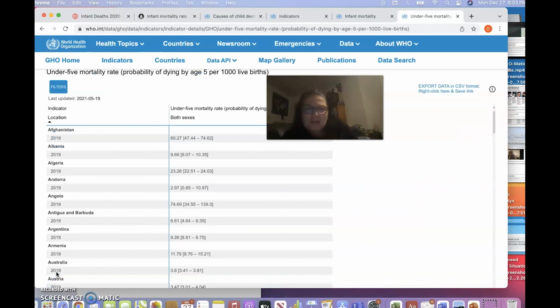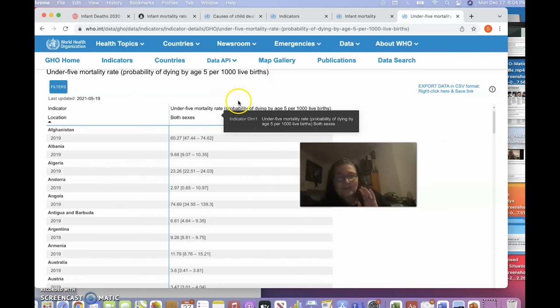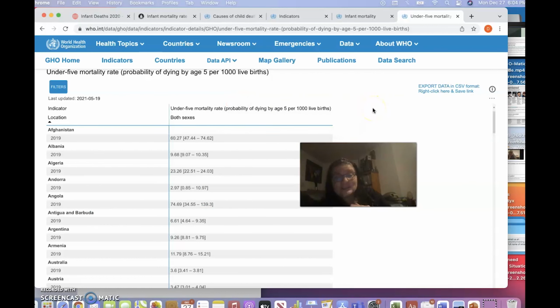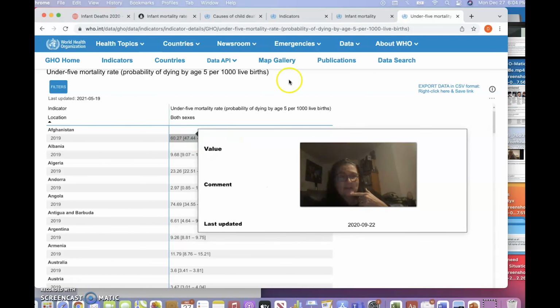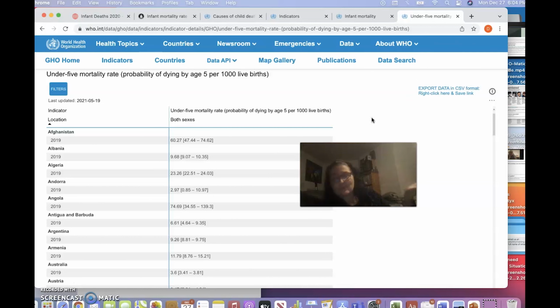Okay, so I have this data up. This is under 5 mortality for the most recent year, 2019. Again, I don't know the accuracy of this data because I think it's a probability that the World Health Organization has generated, and it doesn't come from the countries. But we'll see that Afghanistan, we have 60 babies dying, or children dying before they reach the age of 5.